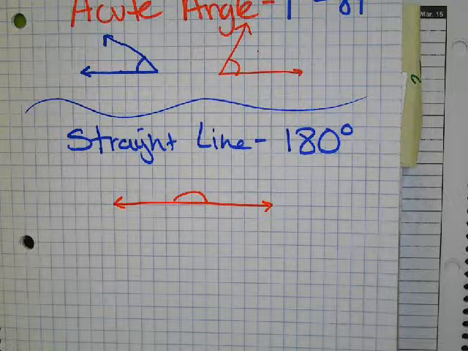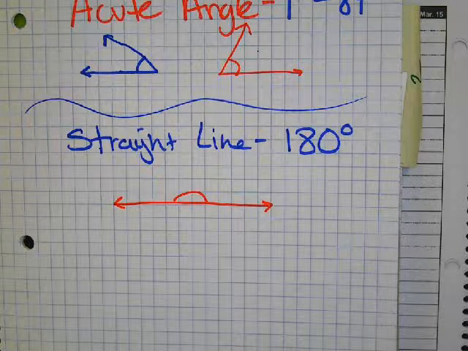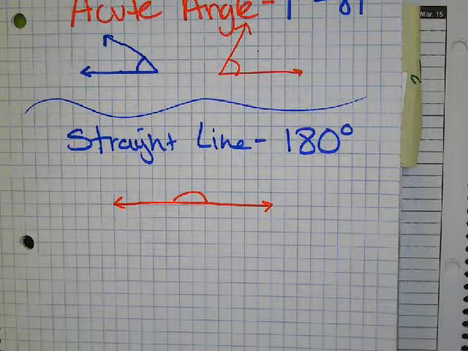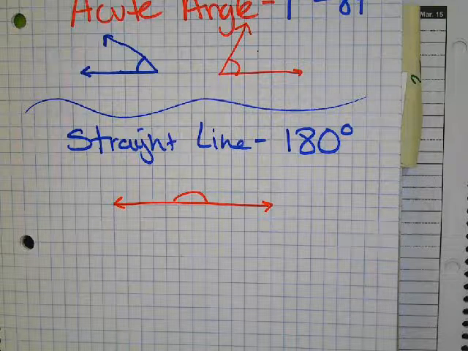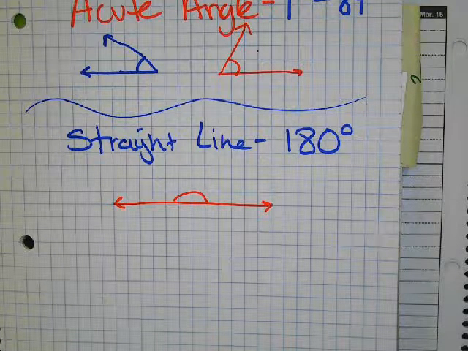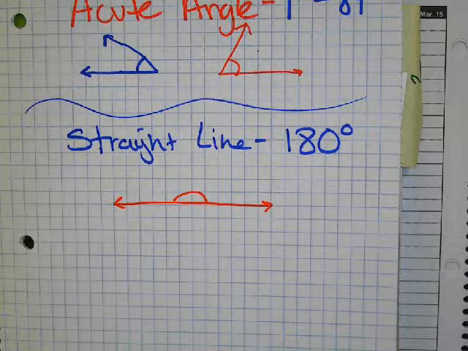So when you guys are skateboarding or you're on your bike and you do a 180, that means if I'm facing this way and I do a 180, I'm now facing that way. That's 180 degrees. If you do a 360, you go all the way around. You do 360 degrees. When you guys say, oh, I just did a 360 or 180, you're actually talking about angles. That's right, angles in skateboarding.